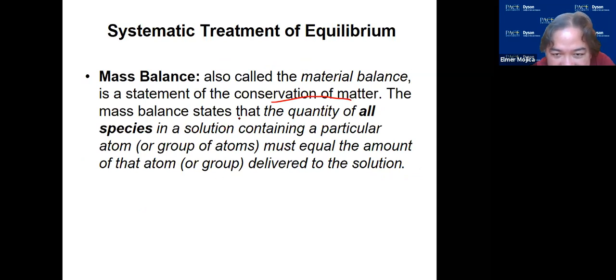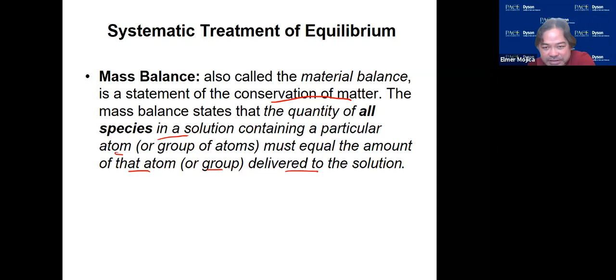The mass balance states that the quantity of all species in a solution containing a particular atom or group of atoms must equal the amount of that atom or group of atoms delivered to the solution. So later on, when we do the systematic treatment, we need to show both the charge balance equation and the mass balance equation.